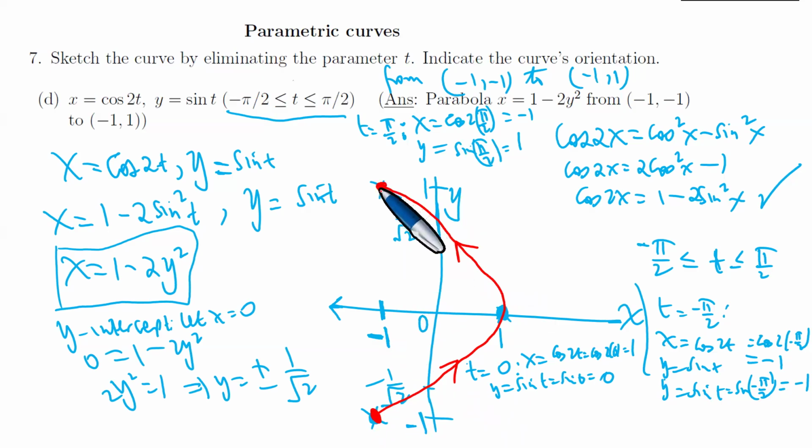But now it's going to traverse the other way. So it's going to traverse from -1, -1 to -1, 1. Okay. So yeah, this is the graph.